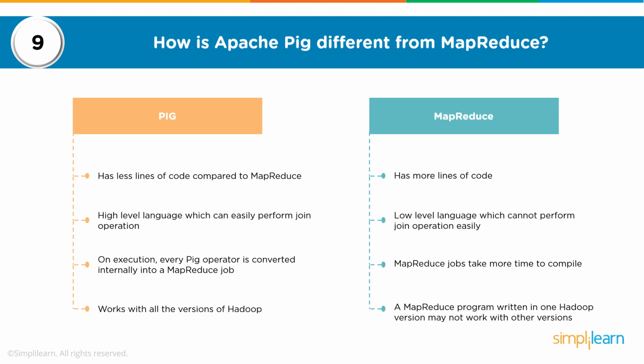Pig works with all versions of Hadoop, whereas a MapReduce program written in one Hadoop version may not work with other versions. It might work or it might not. It depends on the dependencies, the compiler you're using, the programming language you have used, and what version of Hadoop you are working on. So these are the main differences between Apache Pig and MapReduce.